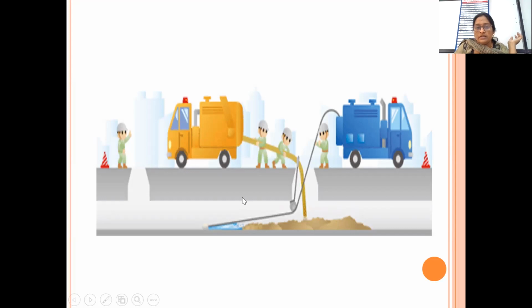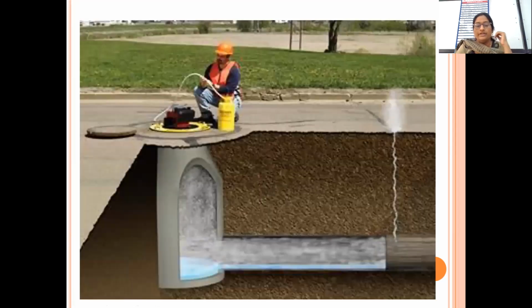So this way also you can remove the obstacles in a sewer line and allow the smooth functioning of the same. Okay, in this figure you can see a manhole section, and here is the leakage. Look, here is the leakage, and then a person can operate through this center.